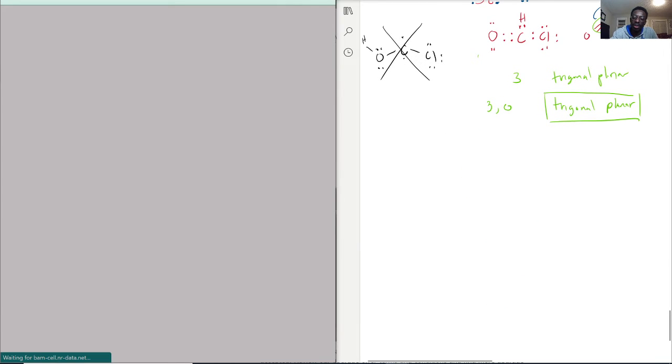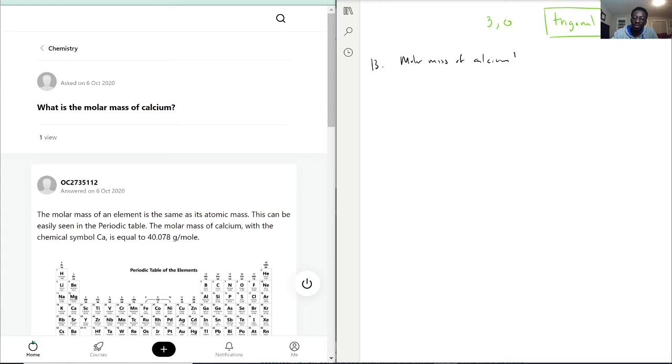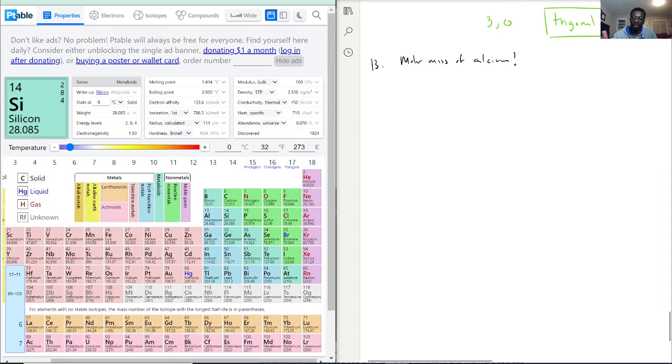Question number 13. What is the molar mass of calcium? So, we have to first figure out, ironically, but realistically speaking, we have to know what calcium is. Calcium, if you look on the periodic table, is a metal.